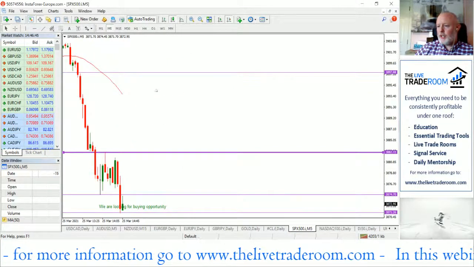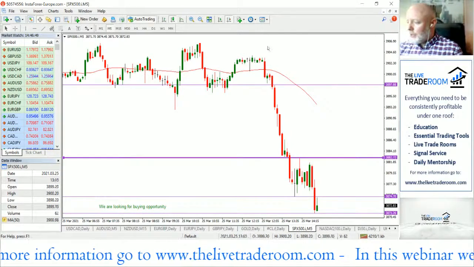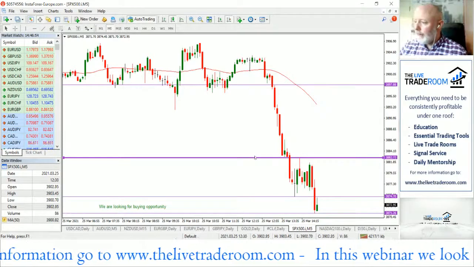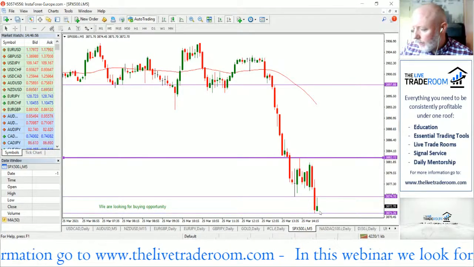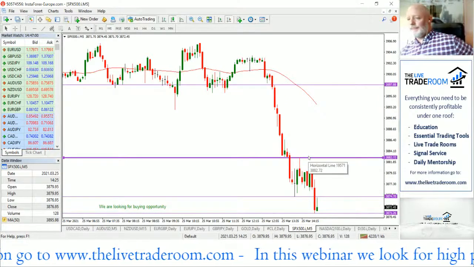Just looking for a stop loss placement. This is way too high. The 39.04 with an entry of something like 38.70. You're talking about 30.